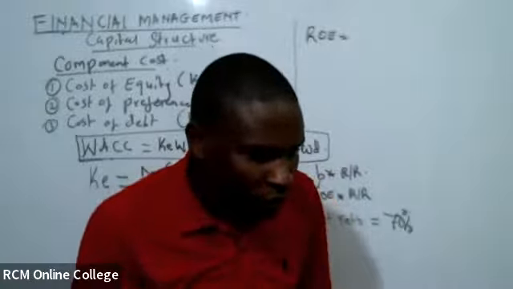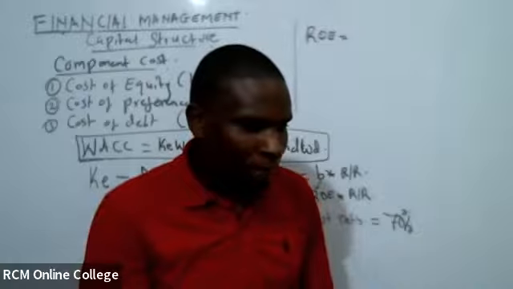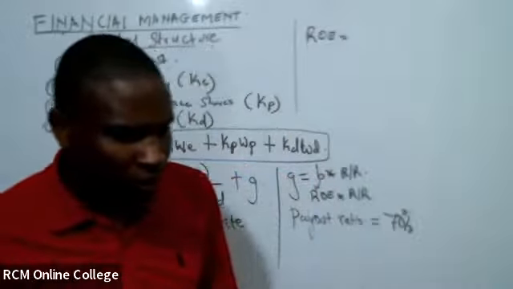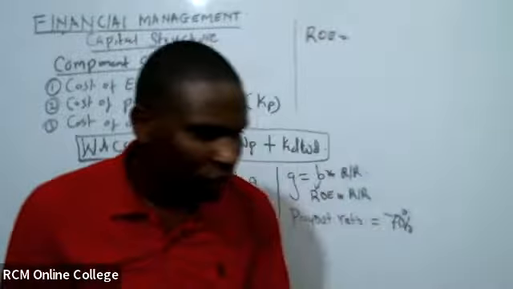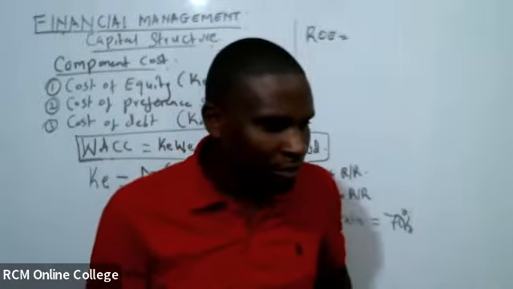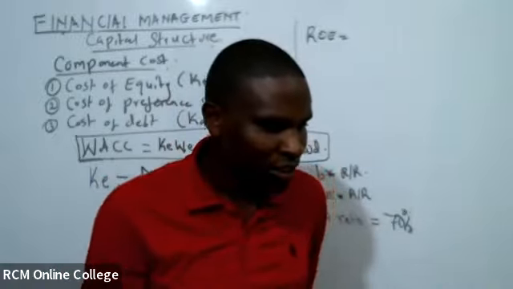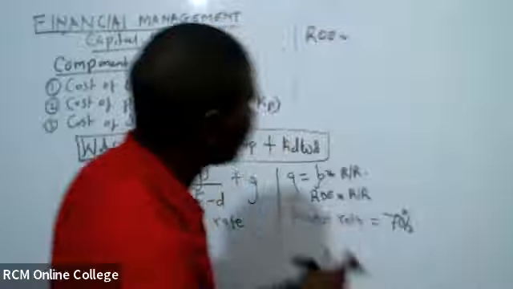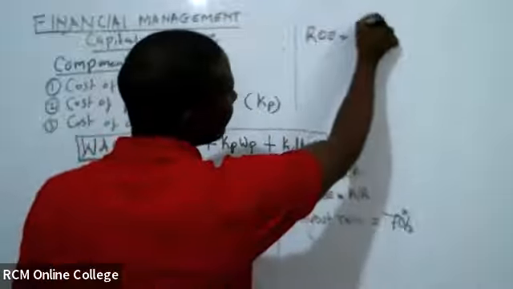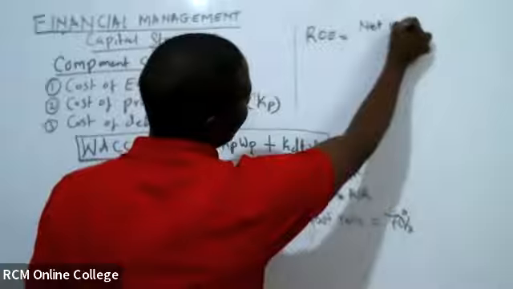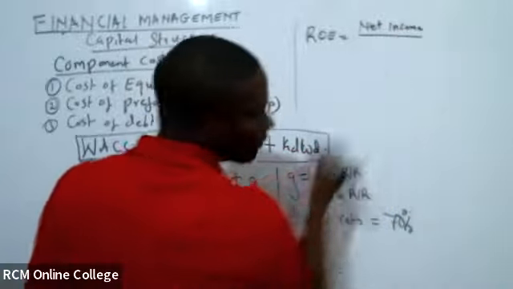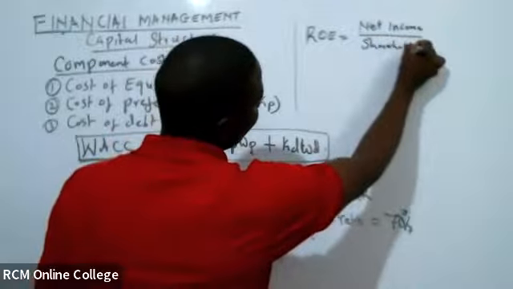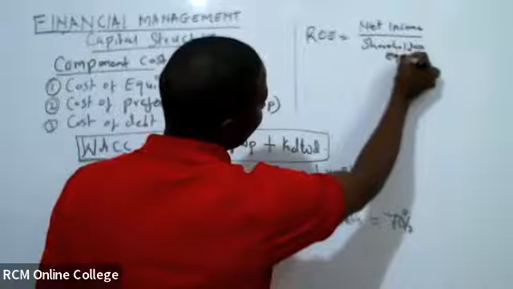Hapo nishapata. Robinson ananiambia profit after tax, and then you divide by shareholders' equity or capital times 100. Those are two responses. Good. To get ROE, we need to get the net income divided by the shareholders' equity.